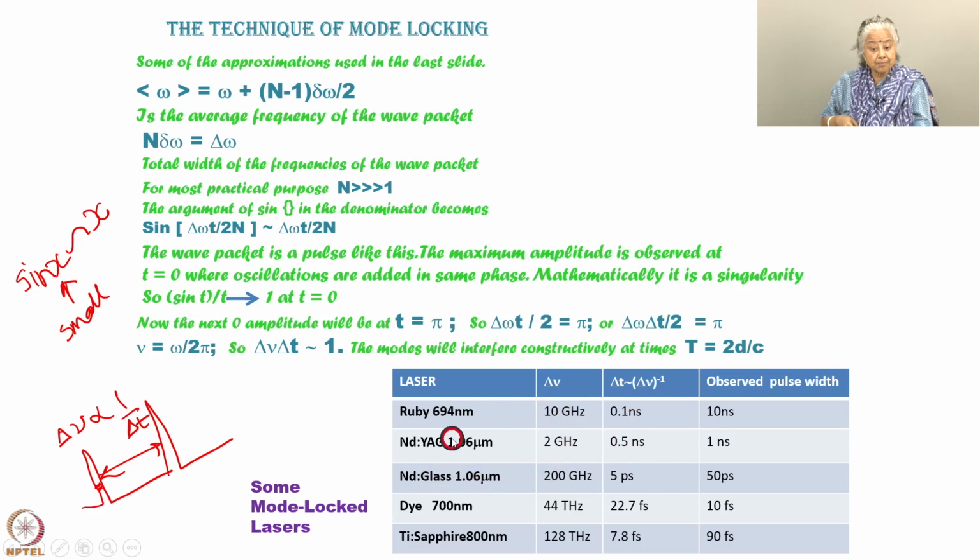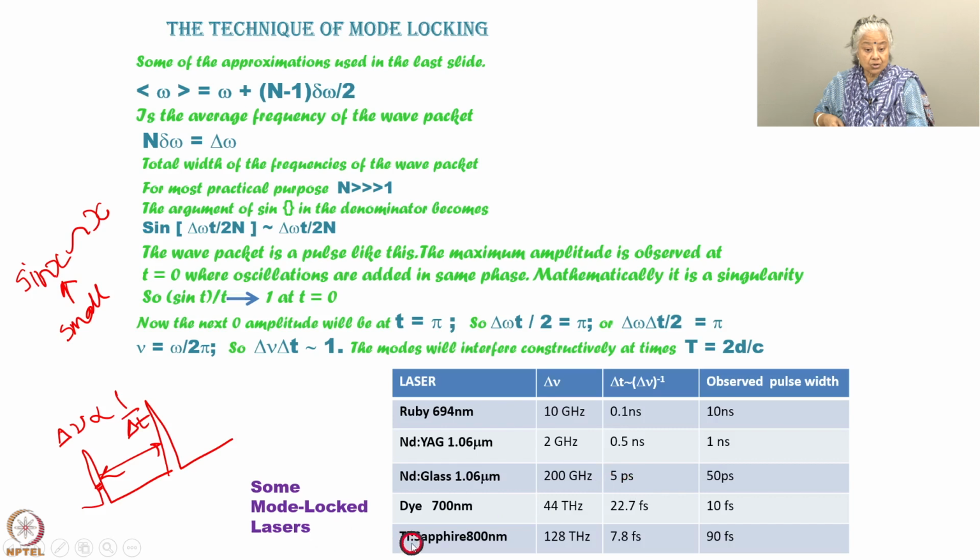Nd glass in comparison with Nd:YAG, both of them have the same wavelength of lasing, but Nd glass has a larger bandwidth, 200 gigahertz as compared to 2. So obviously the pulse width of the pulse coming out is 5 picoseconds.